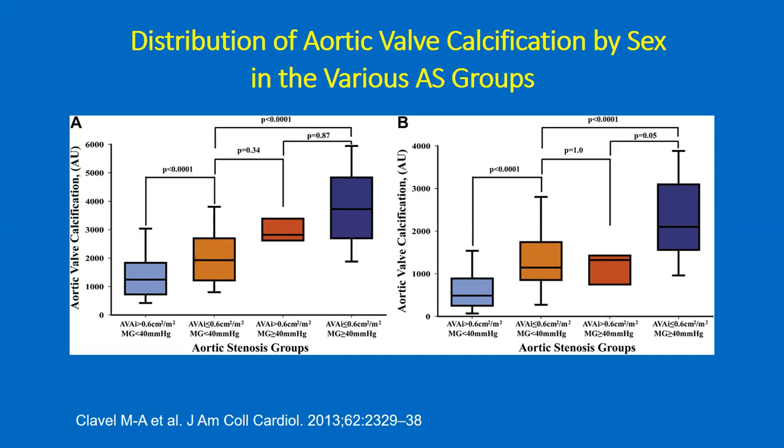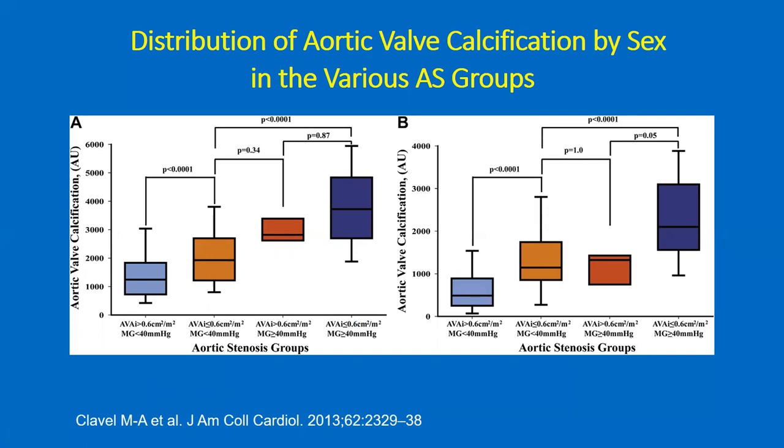And this shows us how the concordance between the gradient, the valve area and the aortic valve calcium plays an important role, especially in patients who have classic aortic stenosis.